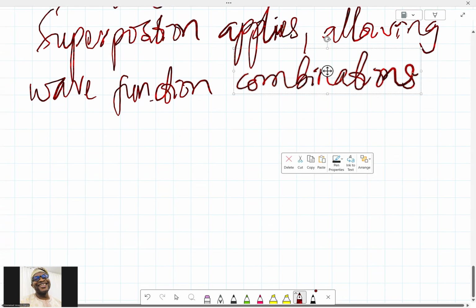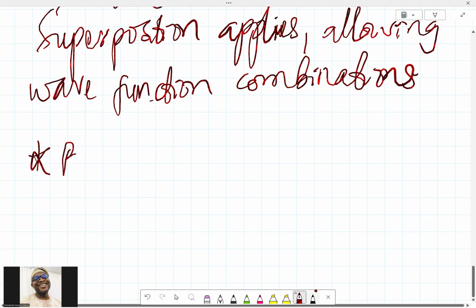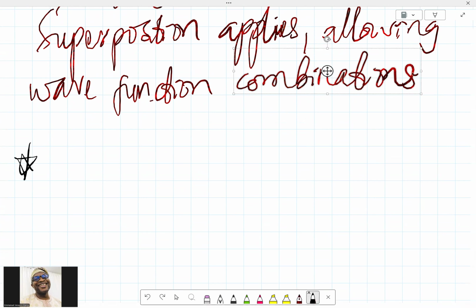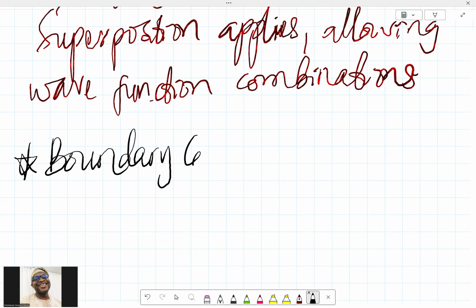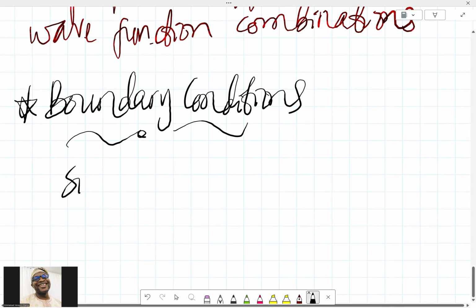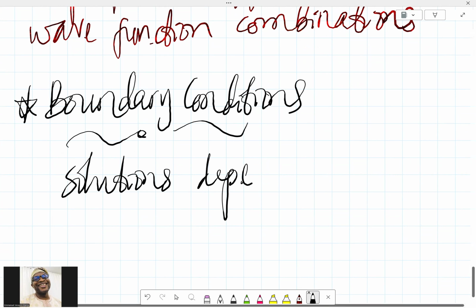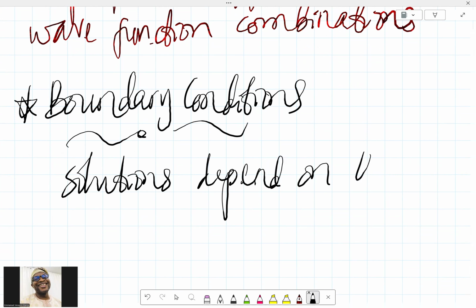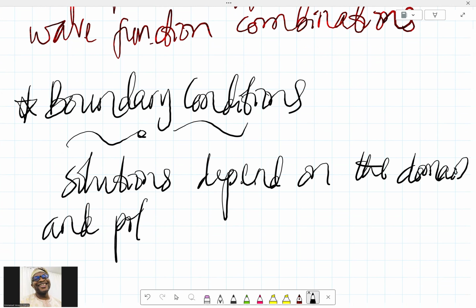Then we have boundary conditions. Solutions depend on the domain and potential V.